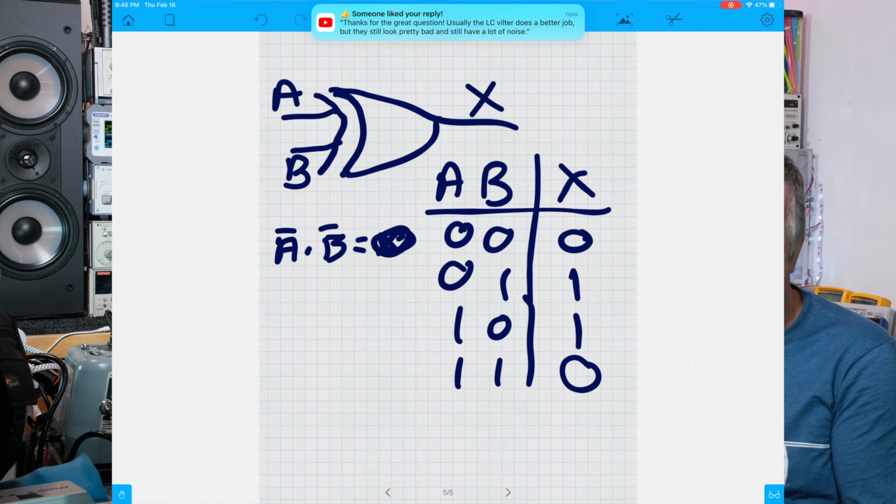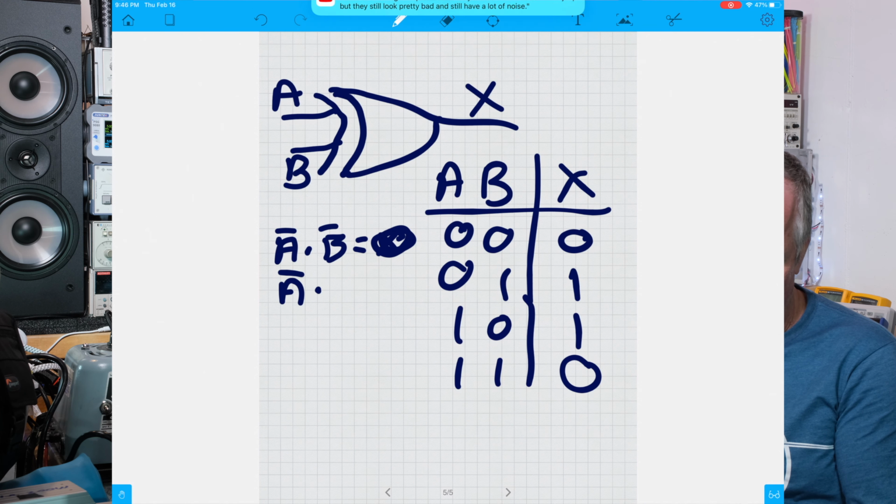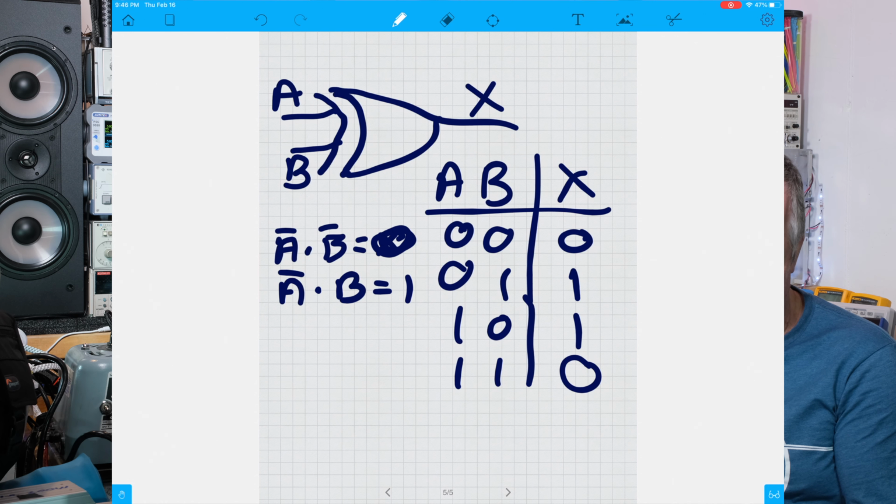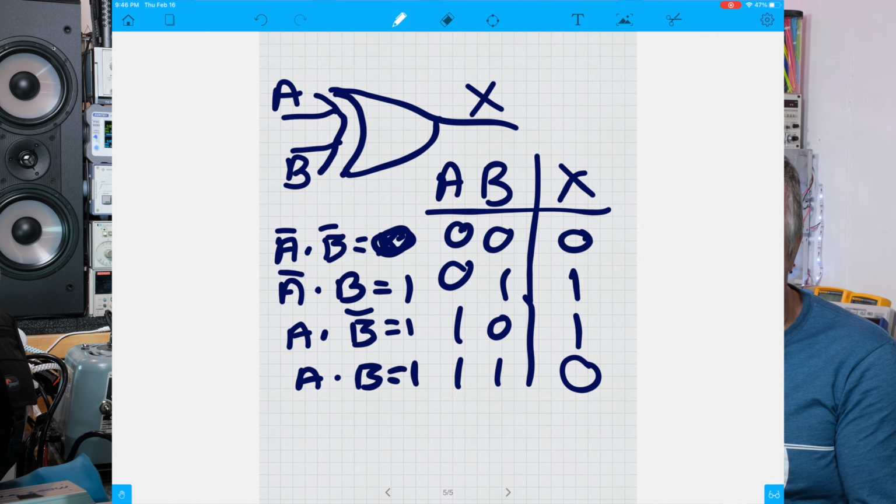Then the next one is A naught and B is equal to 1. So there's one place we get a 1. And here's another place: A high and B low, which is B naught, is equal to 1. And then we've got A high and B high is equal to 0.